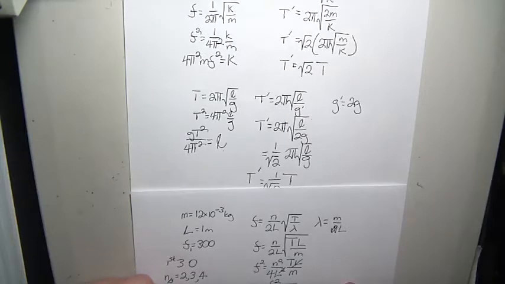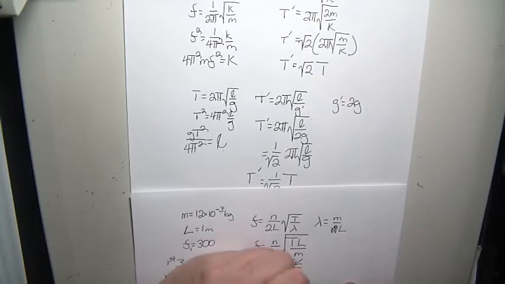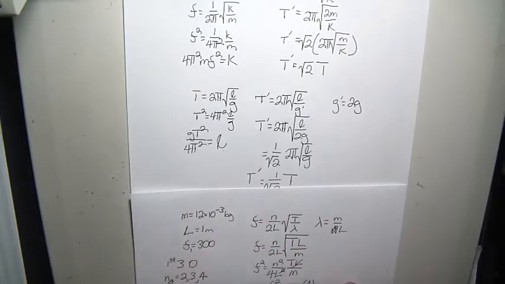So what you're going to do is plug in a T of twice that of the answer from part A. So take this value, plug it in there, multiply it by 2.